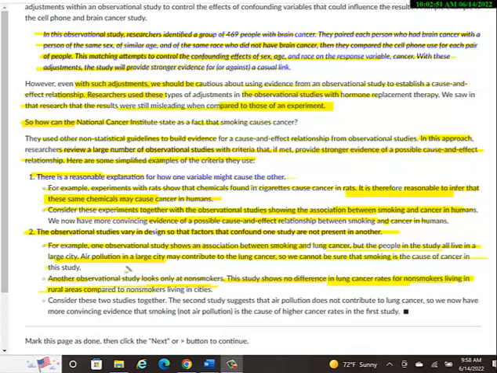And they showed that whether people live in big cities with lots of air pollution or in rural areas without much, the lung cancer rates didn't really change. So that's taking that would-be confounding variable and throwing it aside. If you consider these two studies together, the second study suggests that air pollution does not contribute to lung cancer. So now we have more convincing evidence that smoking might be the cause of lung cancer.